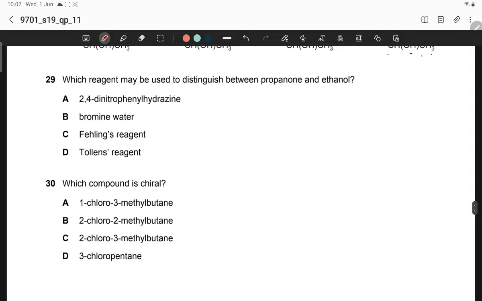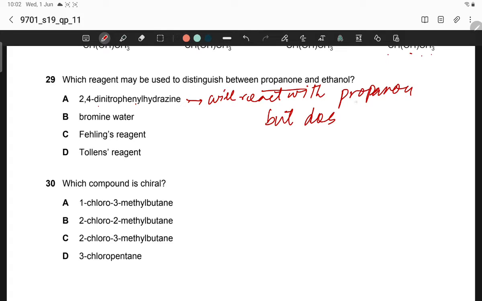Which reagent may be used to distinguish between propanol and ethanol? Propanol and ethanol. 2,4-dinitrophenylhydrazine will react with propanol but does not react with ethanol.